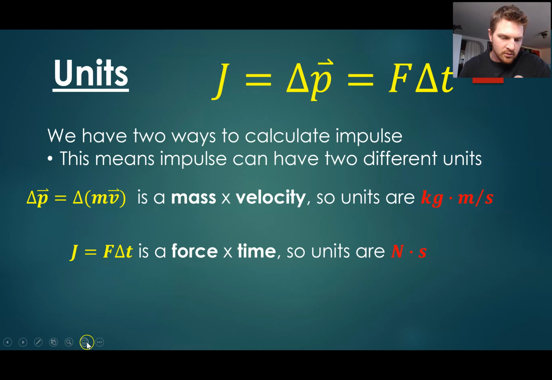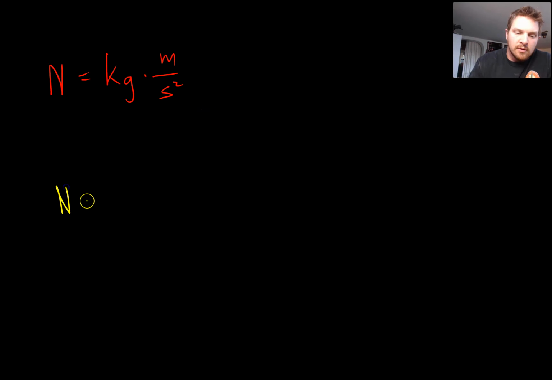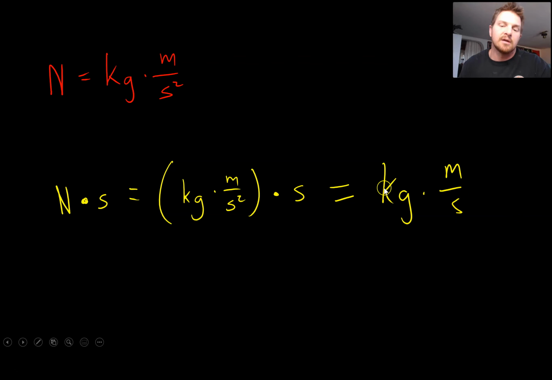The other way is if you use the standard notation for impulse, a force times a time. A force times a time gives us a Newton times a second. Now, some people might think it's weird that you have two different units, but they're actually the exact same way of representing the same thing. One Newton is a kilogram times meter per second squared. It's a mass times an acceleration, right? So if I have a Newton times a second, that gives me a kilogram times meter per second squared times a second, and if I do a little bit of abracadabra, all I have is a kilogram times a meter per second, or in other words, a mass times a velocity.